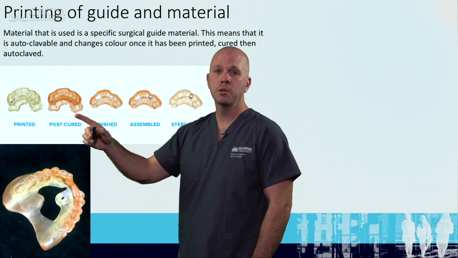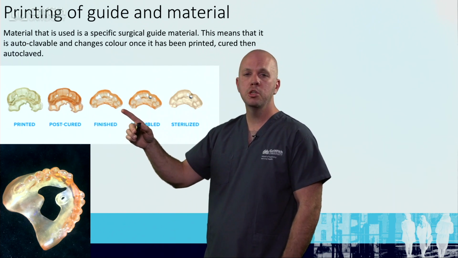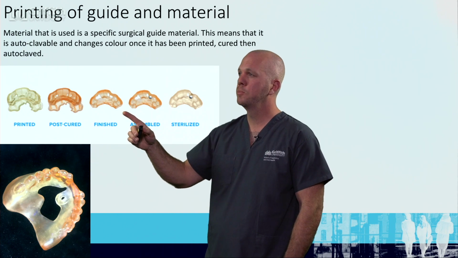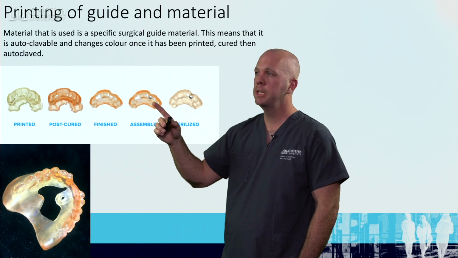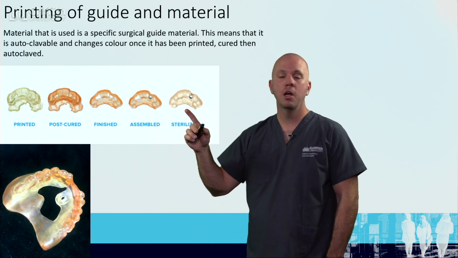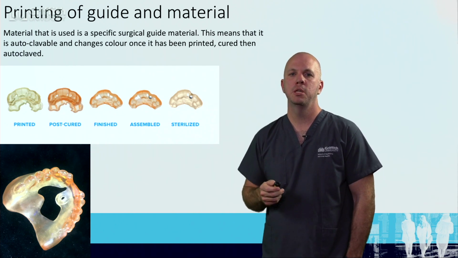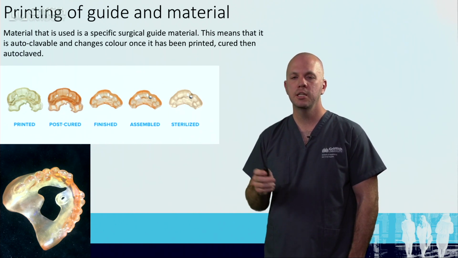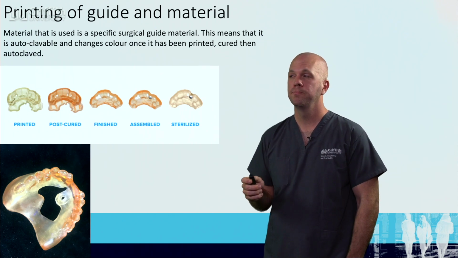Then we cure it under a UV light for 10 minutes. We then finish it, we give it a trim and a polish. We place any surgical guide pins in there, we can see. And then once it's sterilised, it goes a clear colour as well. Really great material. This way, the technician and the surgeon can tell if it's ready for surgery.